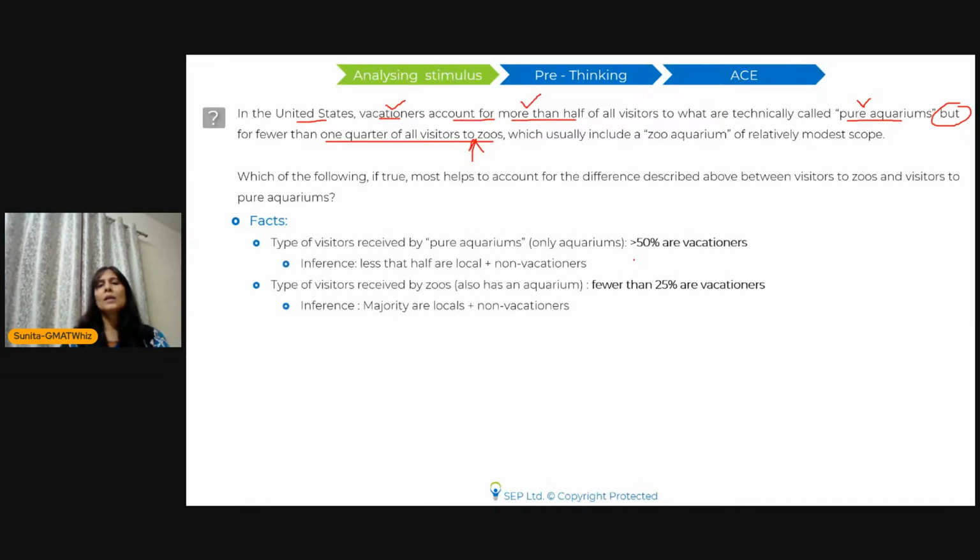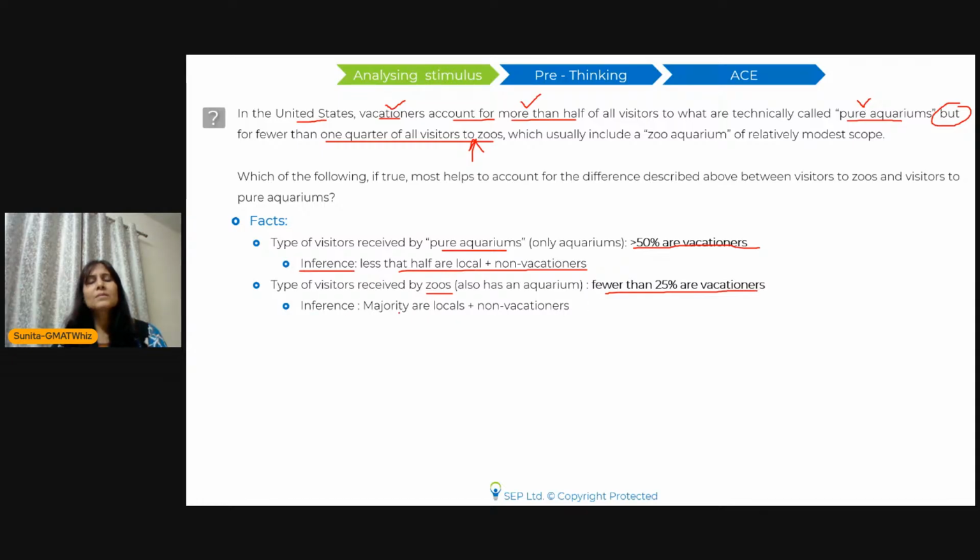If I really simplify the facts, we are saying that at pure aquariums, more than 50% are vacationers. By inference, that means less than half are locals or non-vacationers. Similarly, at the zoos, less than 25% are vacationers.